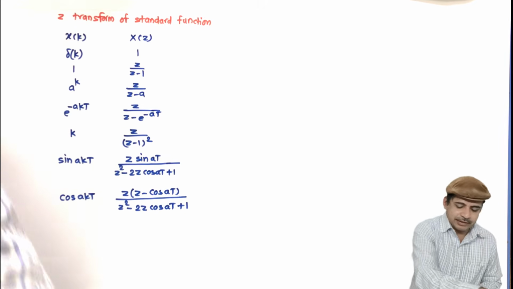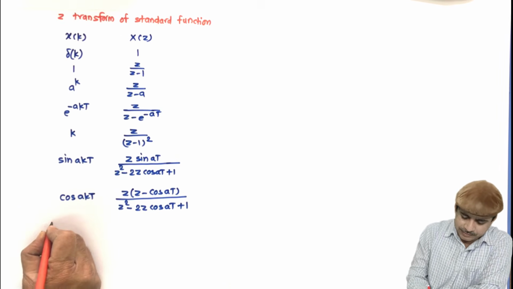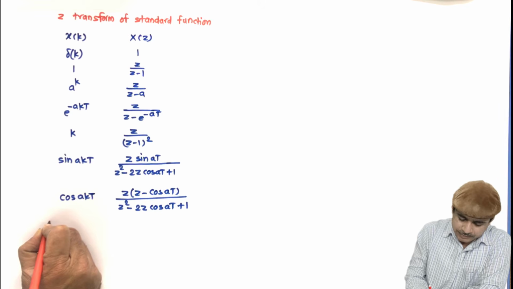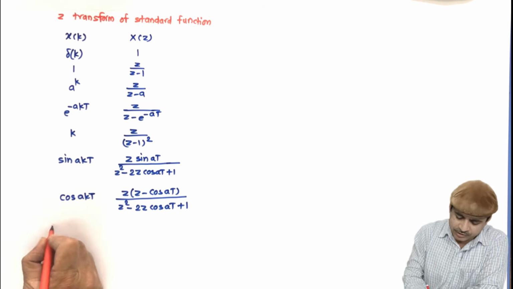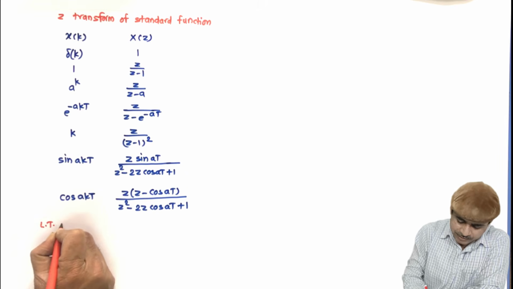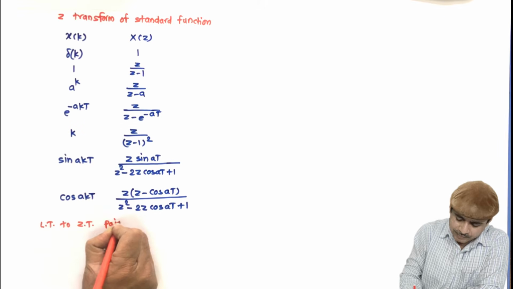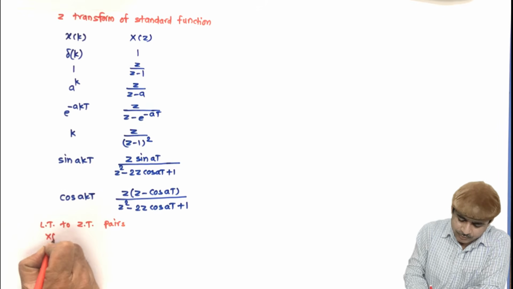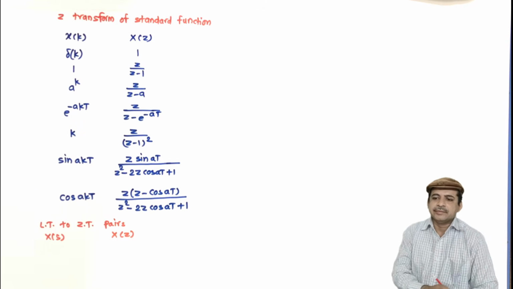After doing this, my next thing is I will take some Laplace transform to Z transform pairs. So here I will have x of s and then x of z.